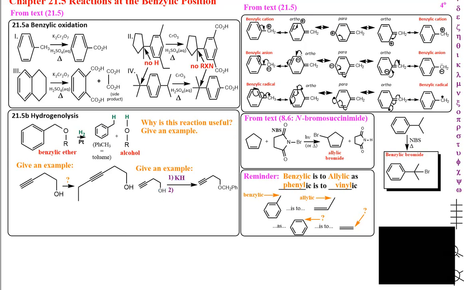KH would do the job. Now I'm going to have an alkoxide nucleophile. I just need a benzylic carbon with a leaving group, similar to this right over here, with a bromine on it. And that would just be benzyl bromide, wouldn't it?